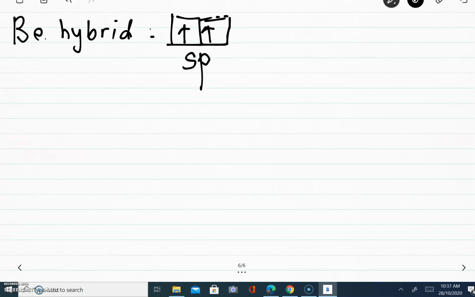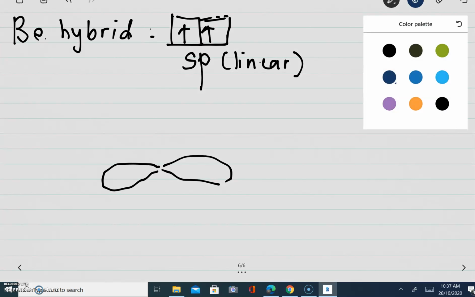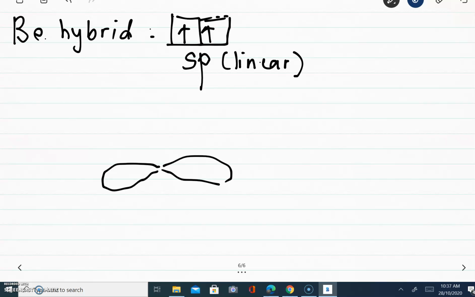The sp hybrid orbital is linear. So from this linear, you must draw it. So we draw a linear shape, and then you label it. The center is beryllium, so it involves sp orbitals, and each orbital consists of 1 unpaired electron, and the other orbital has 1 unpaired electron.